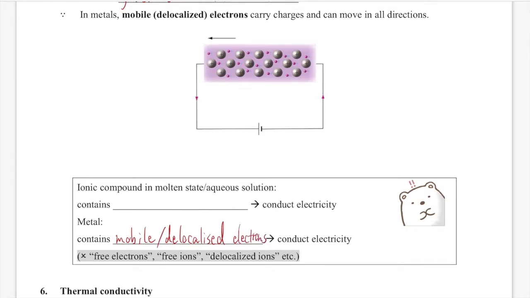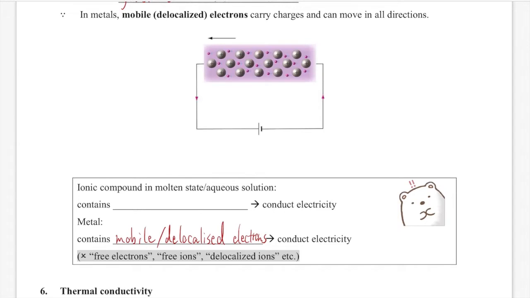Okay, and remember, we never say free electrons or free ions, and we don't have delocalized ions as well. So again, metal cations in a giant metallic structure will not move when connected to an electrical source.